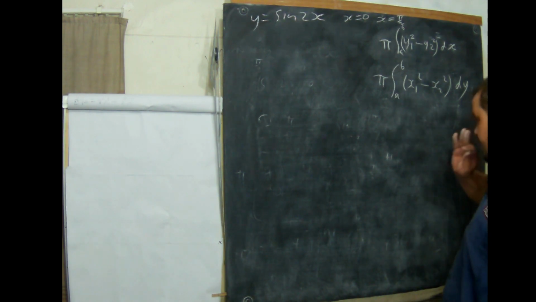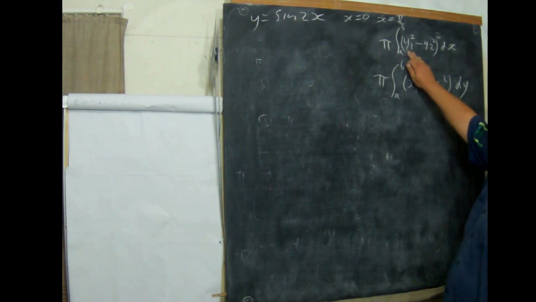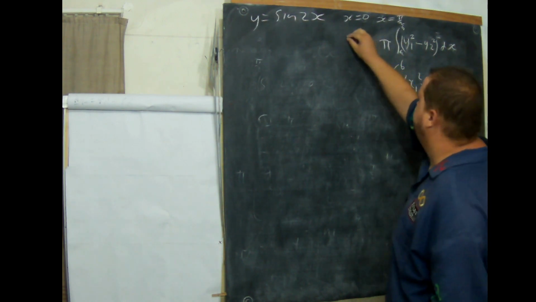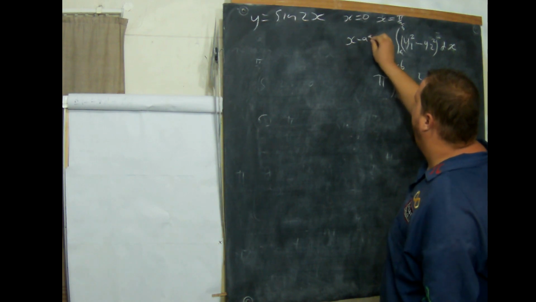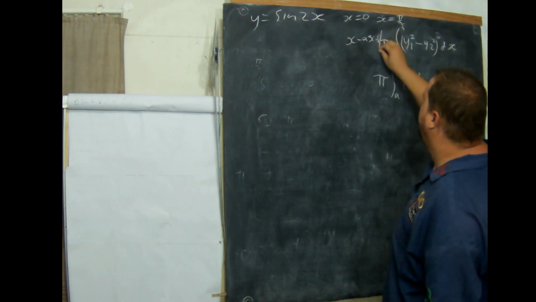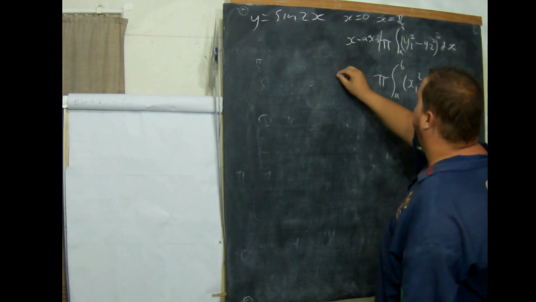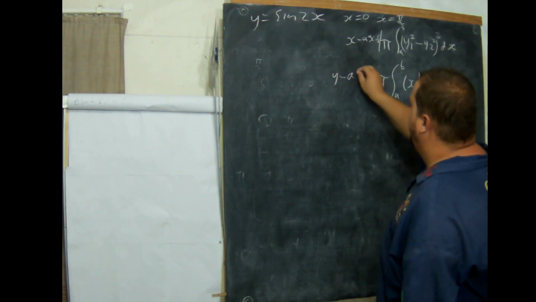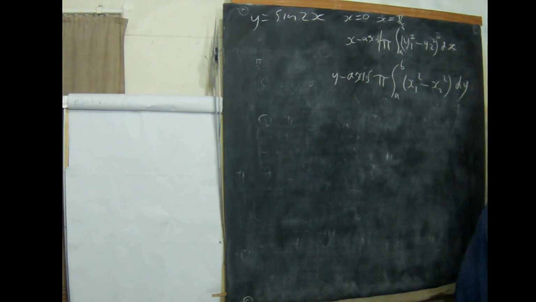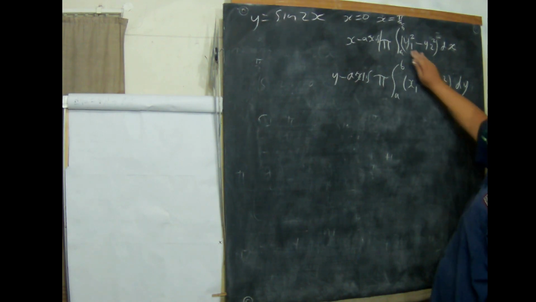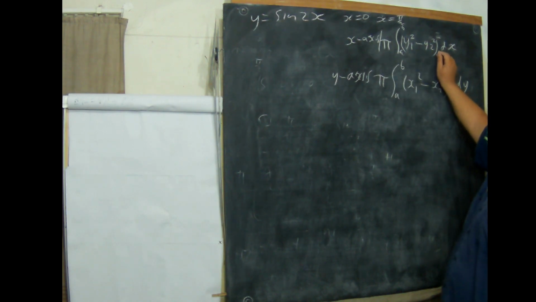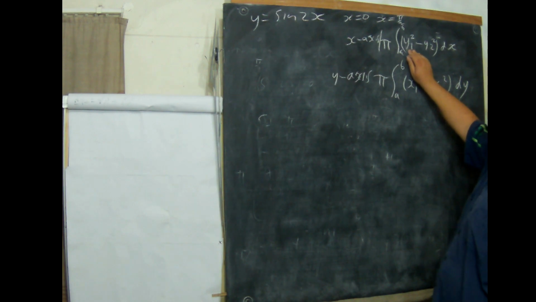Okay. Now, denoting these formulas, this is the x-axis. This is the x-axis. And this is the y-axis. This is the y-axis. Okay? This is the y-axis. This is the x-axis. So, when you're dealing with y, you will deal with x values.